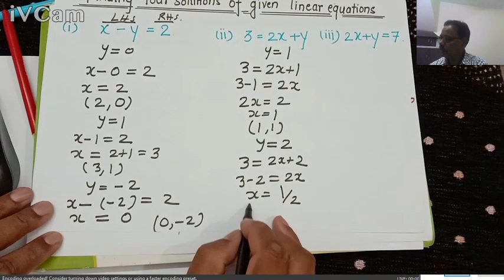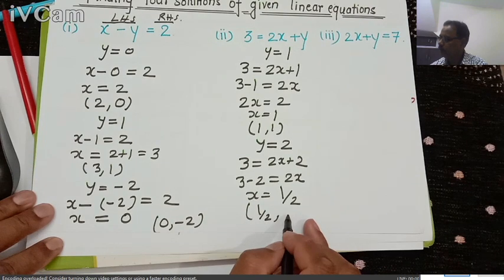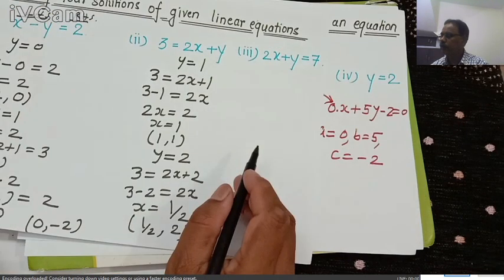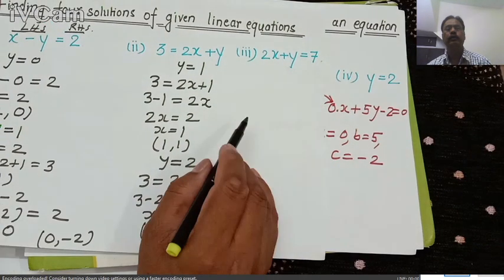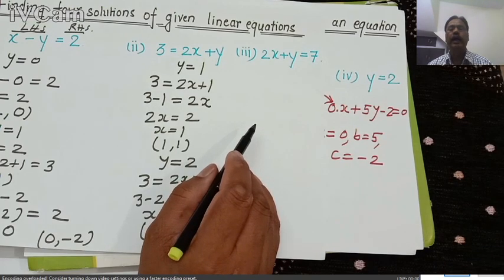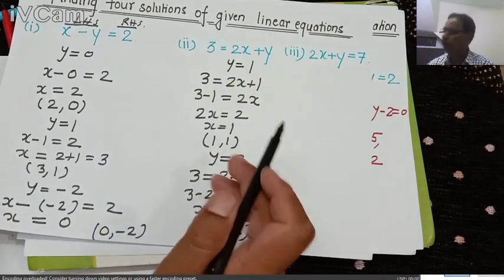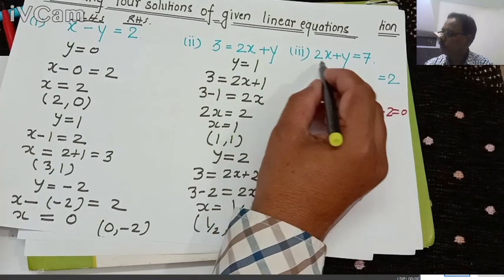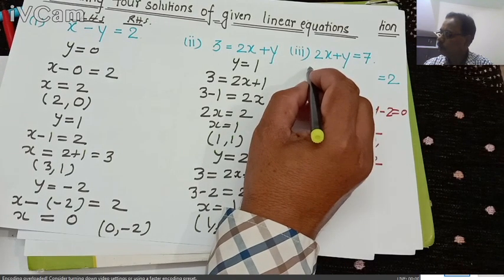So the next solution is 1 by 2, that is 0.5, and 2. We have got 2 solutions here. Similarly, for the next equation we can find out so many solutions, because as I told you, any linear equation in 2 variables has infinitely many solutions. We are finding here only 3 or 4 solutions. Understand? So here now first we are going to put y equal to 1.